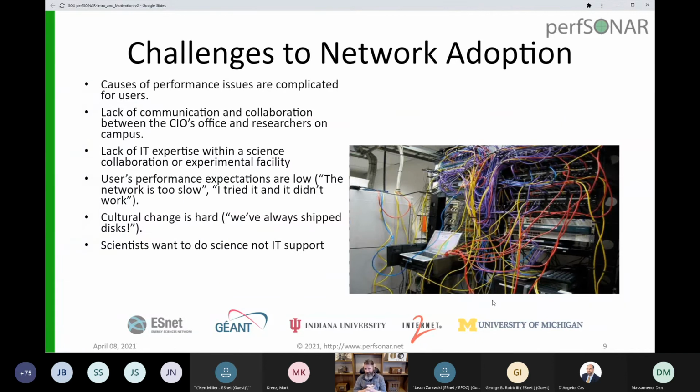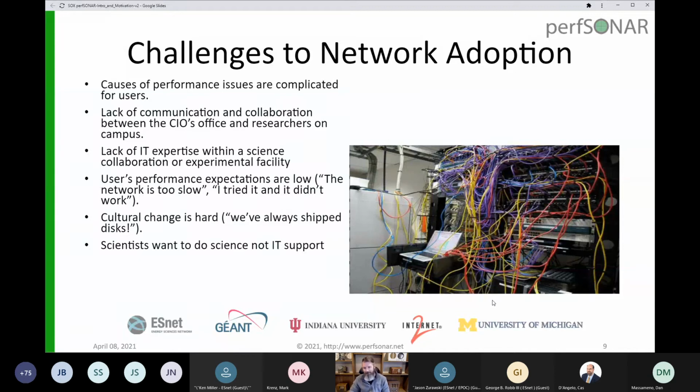The problem is finding those performance issues can be complicated, and users don't have access to the network. As a network administrator, you might have access to the guts and pieces and parts of part of the network, or possibly your entire network, but the end user really only has access to the computer at the end of it.